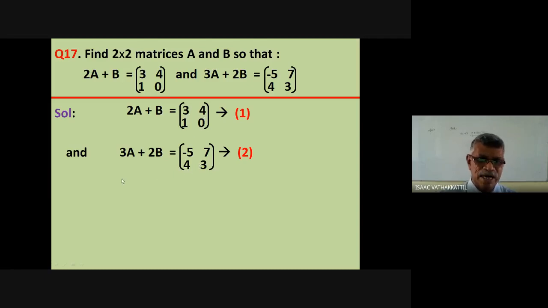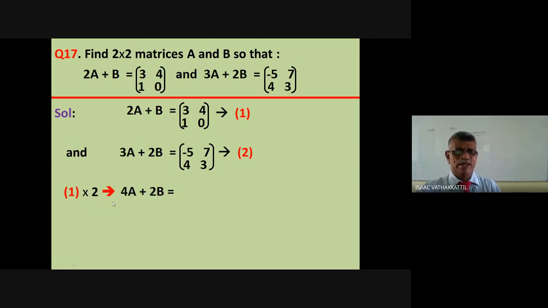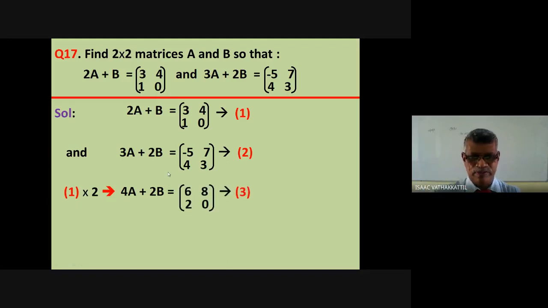And then by subtracting, B gets cancelled, and you get the value of A. So equation 1 multiplied with 2, you get 4A plus 2B. The right side, when you multiply with 2, you are getting [6, 8; 2, 0].